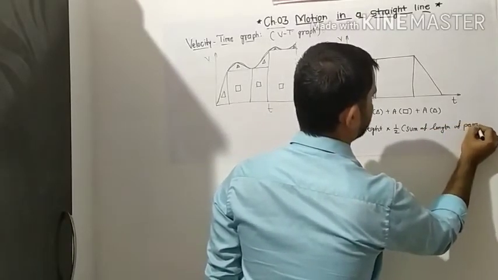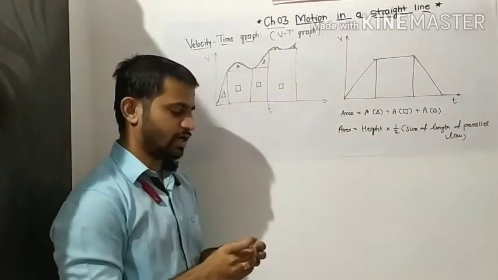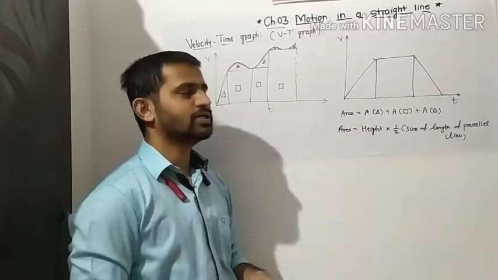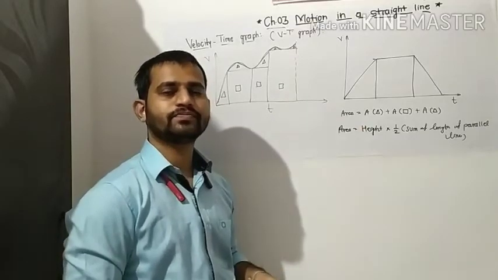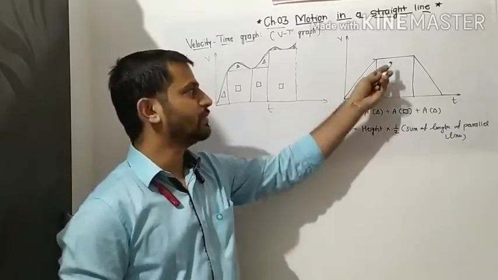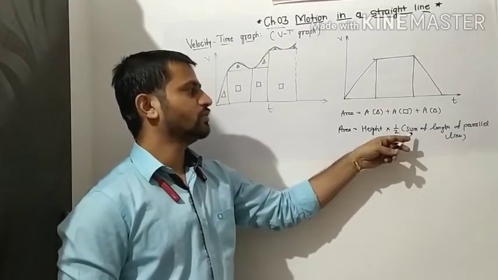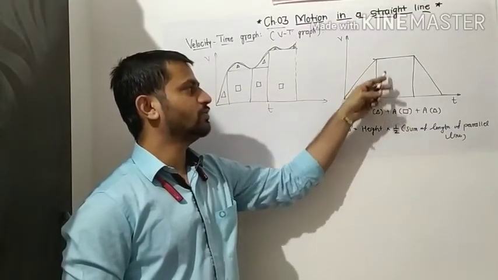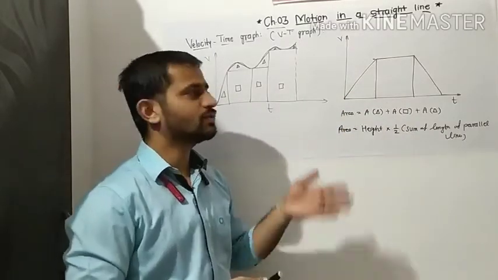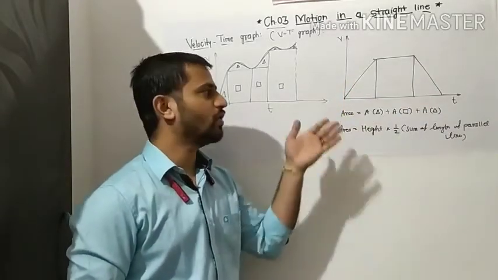This value can give us directly the area under this trapezoidal shape, because the area of a trapezium is equal to height into half of the sum of the lengths of the two parallel lines. Height means the distance between the two parallel lines. This is one parallel line, this is the other parallel line, and this is the height. That will give us the area directly. Or we can divide this profile into a triangle, a rectangle, and a triangle, and then take the sum of all these areas.